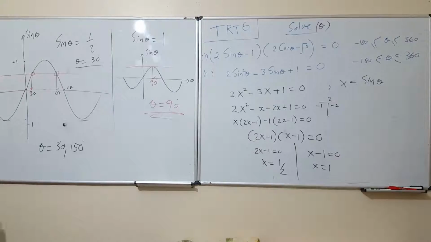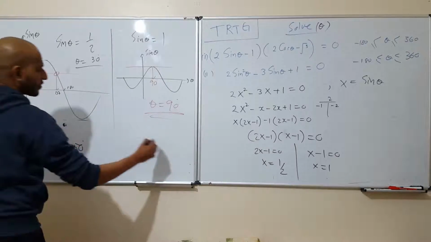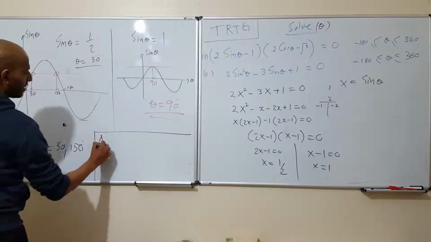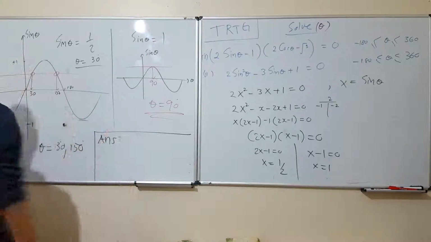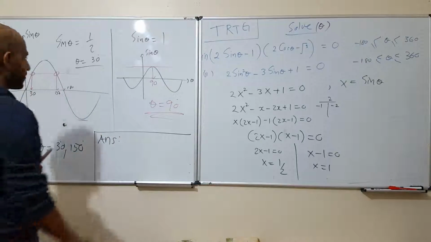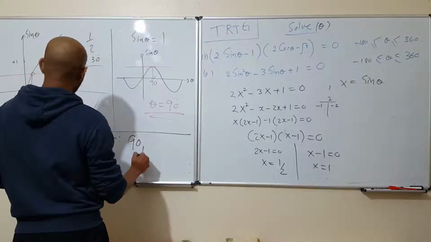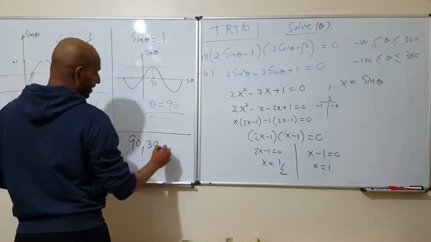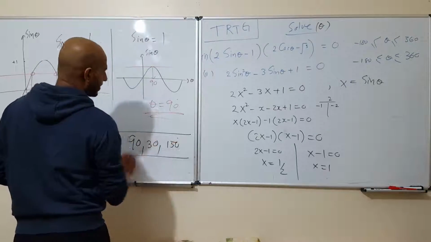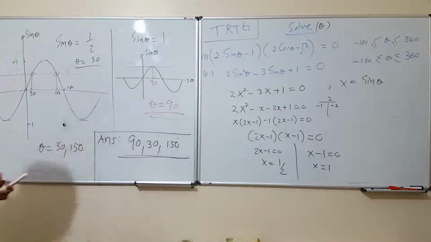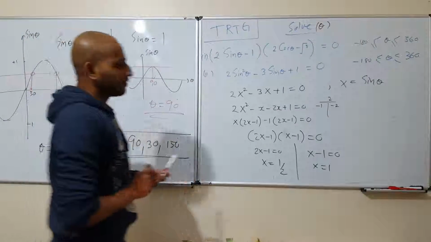So we can rewrite all the answers here. The second question, all the answers are, we can accumulate all the answers and just put 90, 30, summarize the answers, what I meant, 150, that's it. Okay, mate? I hope this is some sort of help. Two types of questions.